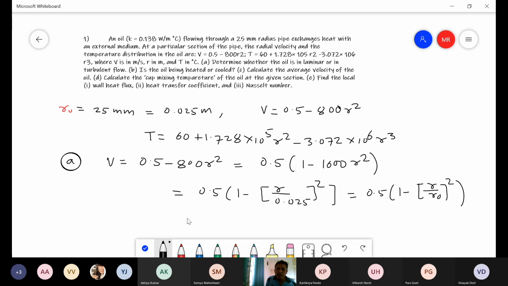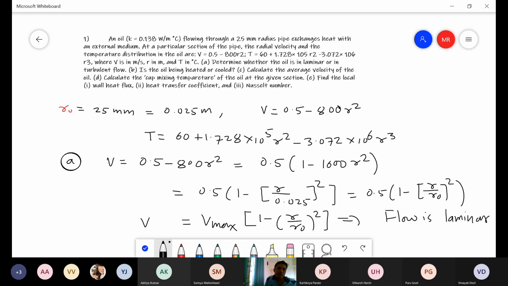So this equation is a standard equation of a laminar flow, where V can be represented as V max. If you look at the expression, something like this is the expression you are expected to get for a laminar flow, isn't it? So this is a clear indication that the flow is laminar.